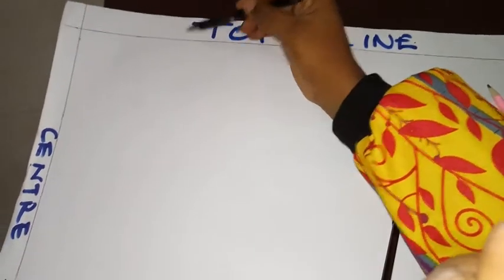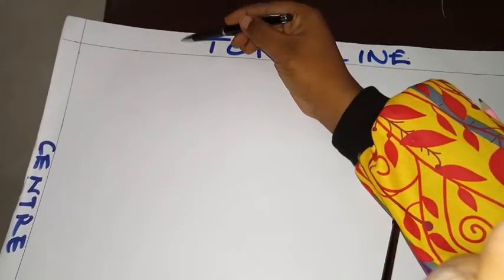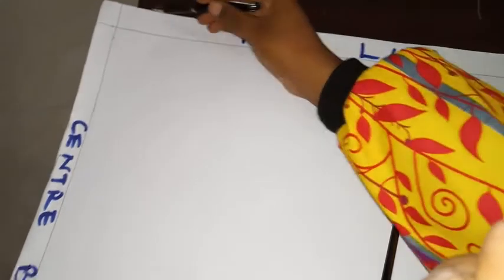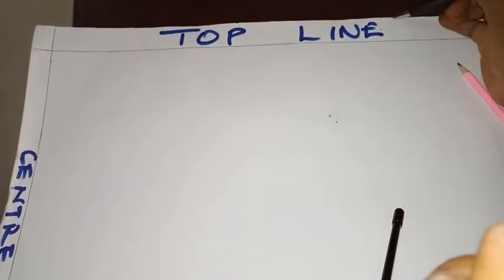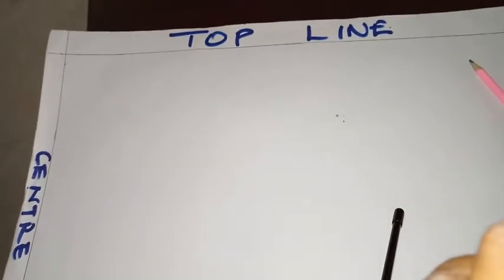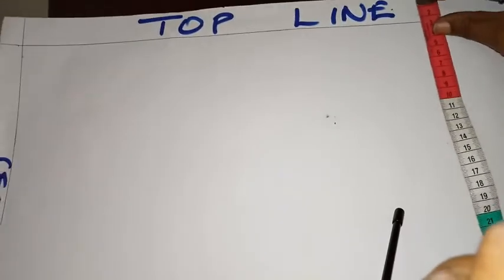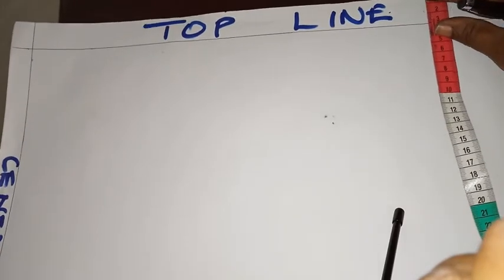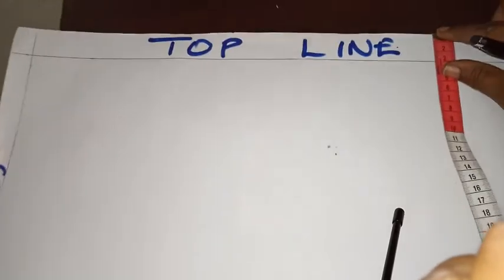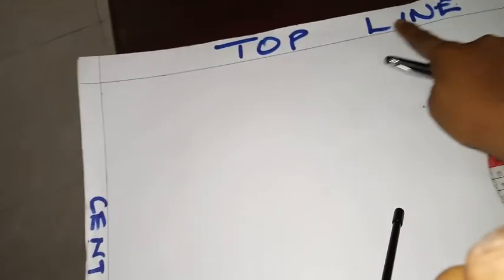At the top here, I measure 3 cm, 3 cm, 3 cm, and I draw a line from here. You can use your tape and you can use your ruler. From the top there, measure 3 cm, and then you label it top line.